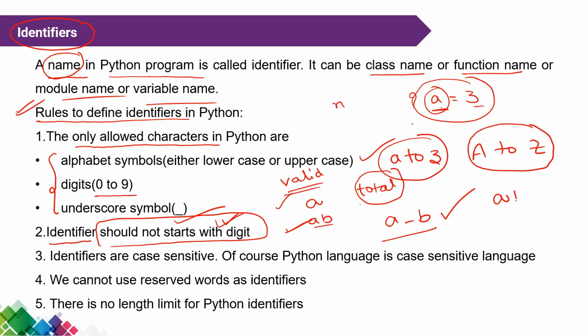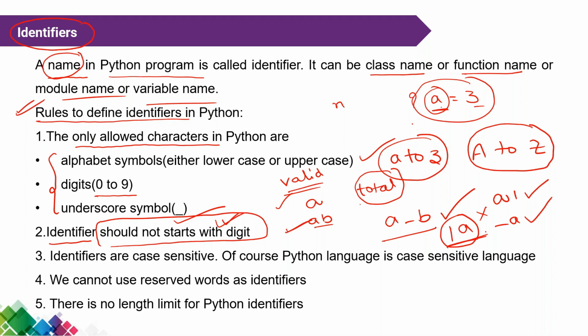For example, A1 is also valid. Underscore A is also valid. Now finally, 1A. This is invalid. Such names are not allowed.